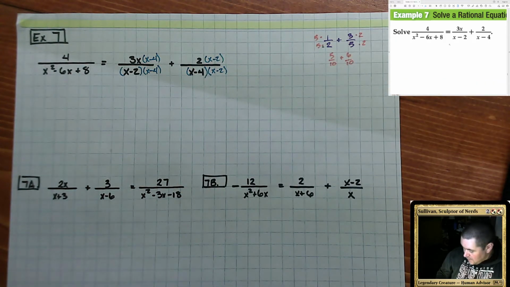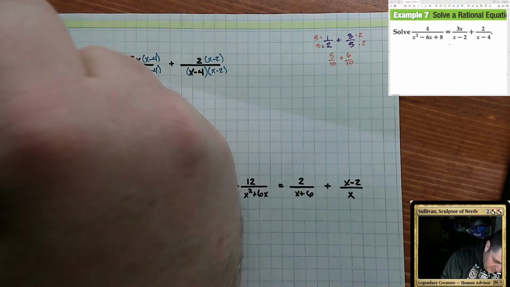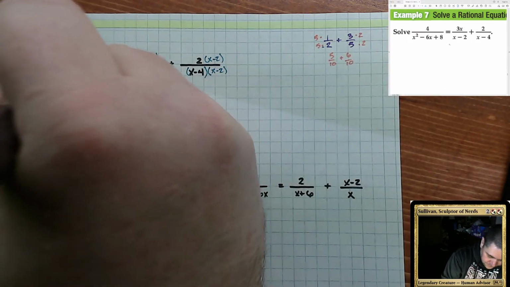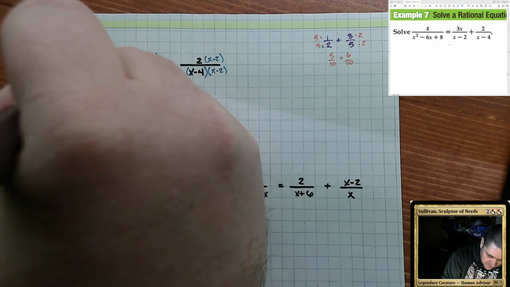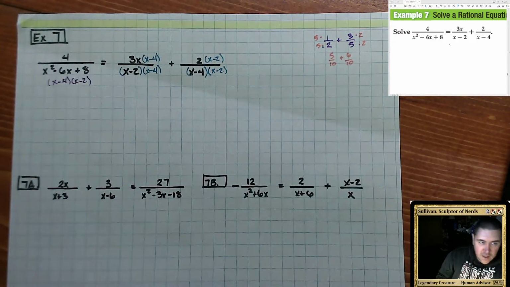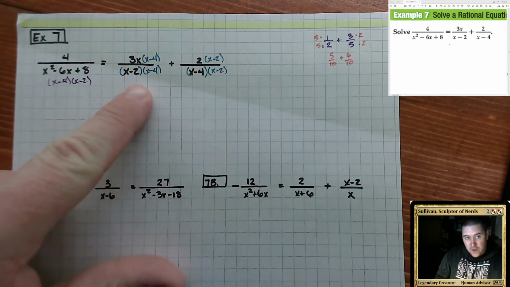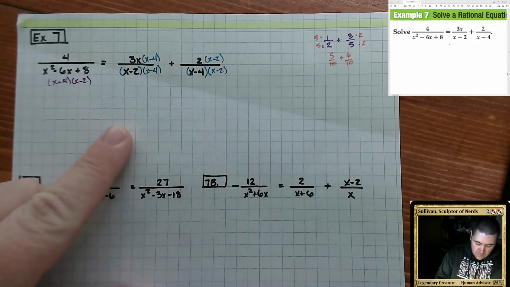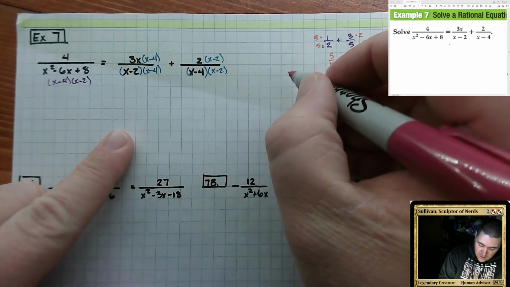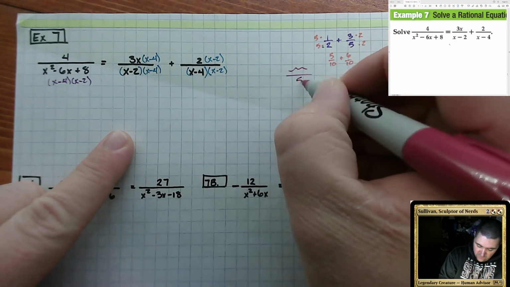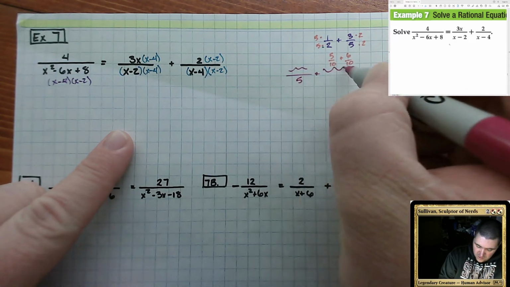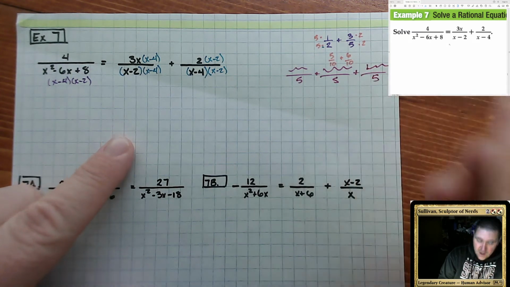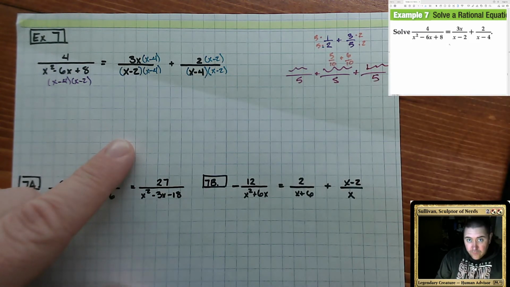Okay. Now, if I were to factor this guy, notice it's the same set of factors we have over here. So what would happen if I had a bunch of junk over 5 plus a bunch of junk over 5 plus a bunch of junk over 5, and I multiply them all by 5?